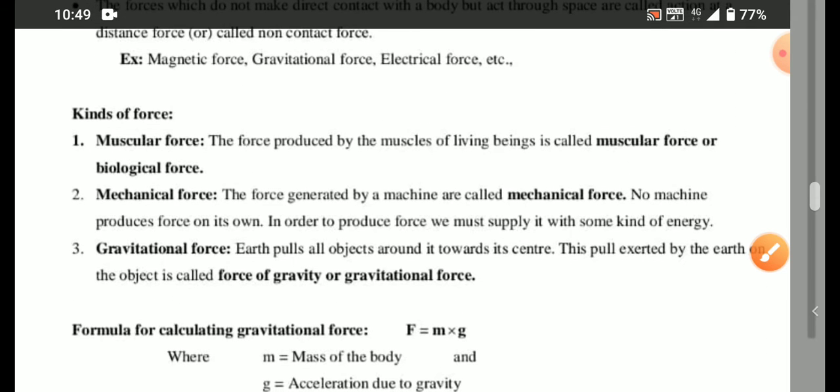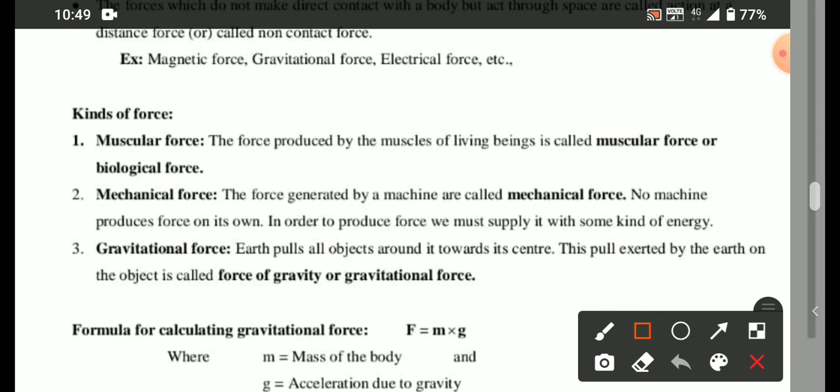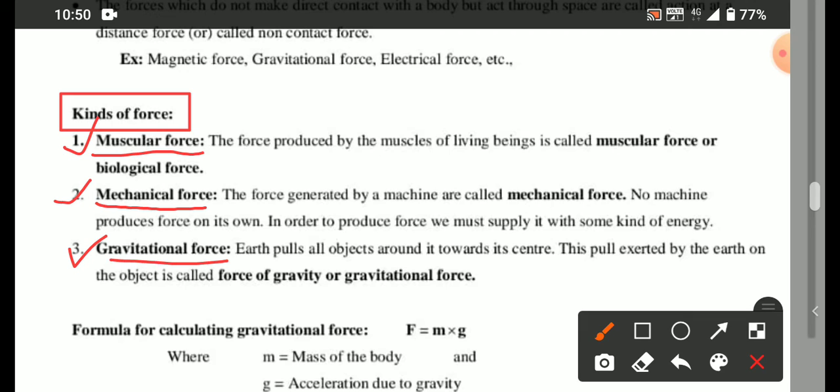Let us know some more kinds of forces. Here are some kinds of forces. The first one is muscular force. Second one is mechanical force. Third one is gravitational force.